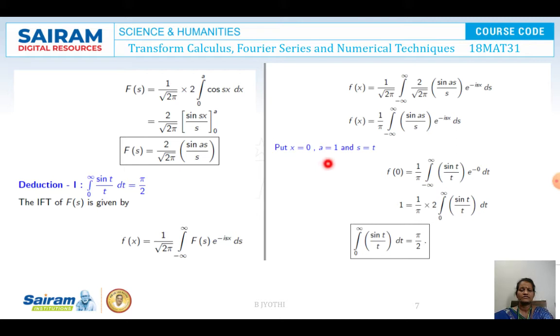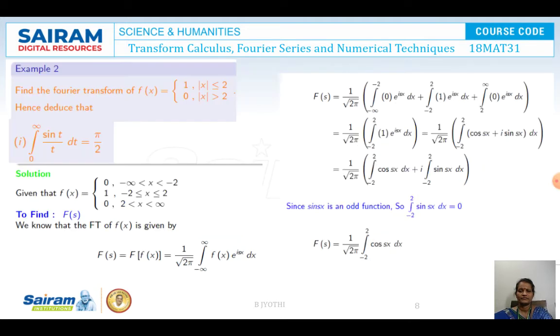Put x = 0, a = 1 and s as t. Then we get the required result, sin t by t, because e^0 is 1. So what we are getting is the integral 0 to infinity of sin t by t = pi by 2. This is the required deduction part.